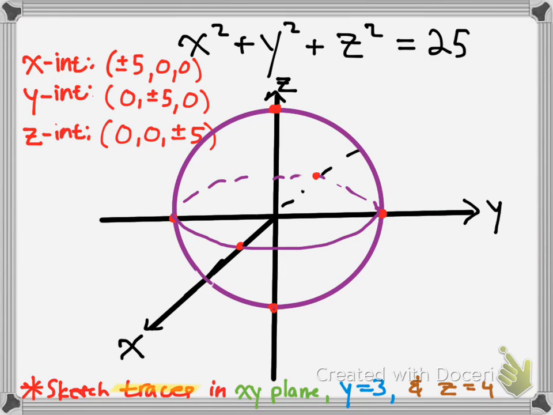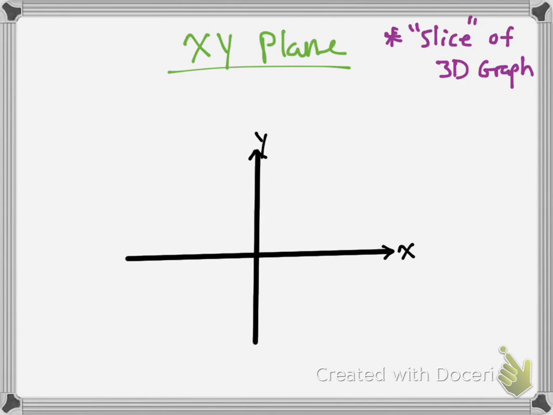What you'd have to do is sketch the traces, and traces are pretty much slices or portions of the graph. And this example asks to find the trace in the xy plane, y equals 3, and z equals 4. So we're going to do that. Okay, so the xy plane, again, emphasizing that this is a slice of the 3D graph.